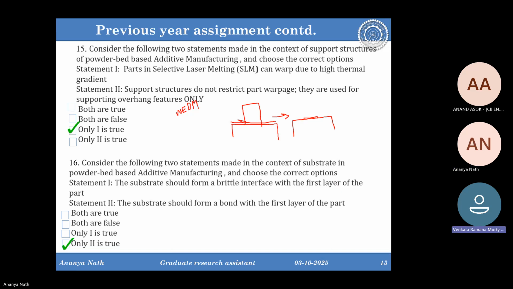It cuts from the part material only. We don't cut the build plate, the built material.